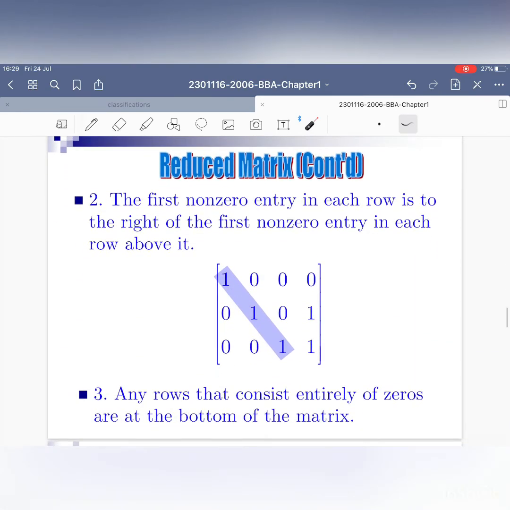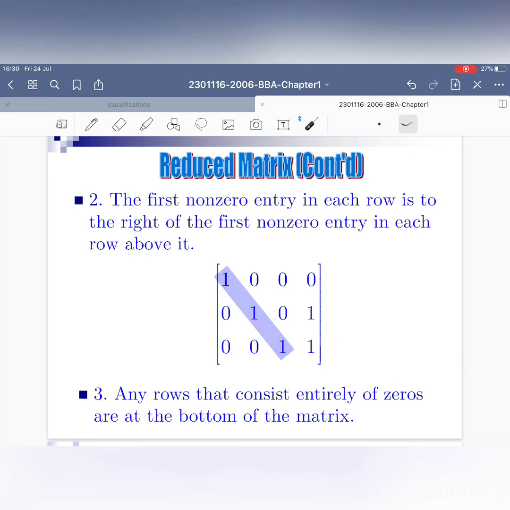The second condition in order to call this a reduced matrix is that the first non-zero entry in each row is to the right of the first non-zero entry in each row above it. So it means that if you see 1 here, you are going to see the next one on your right, the next one of each row on your right. For example, it looks like this.